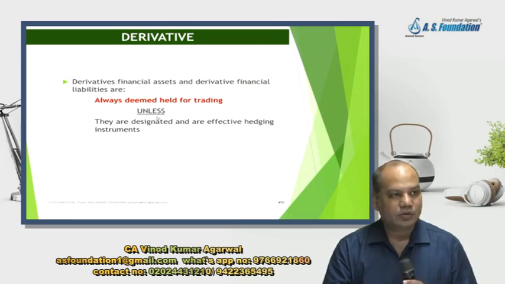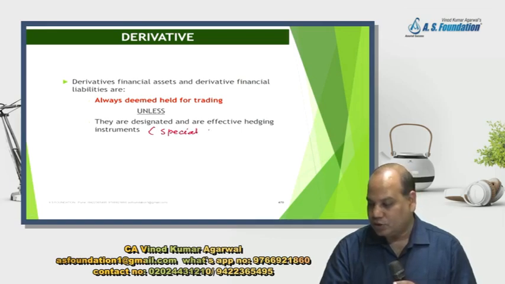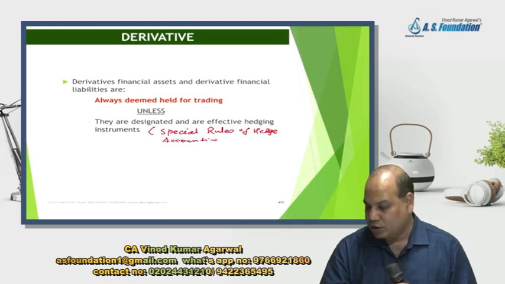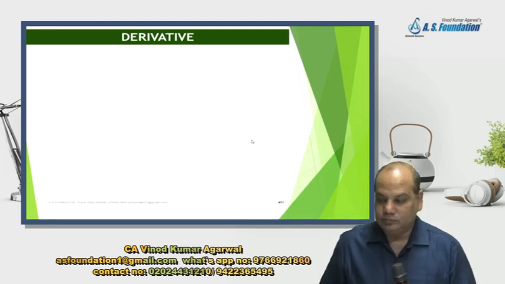But there is an exception. Unless they are designated and are effective hedging instruments, in that case, if the entity wants, then the special rules of hedge accounting will apply, which I am going to take after this. And you get a lot of questions on derivatives in the exam.